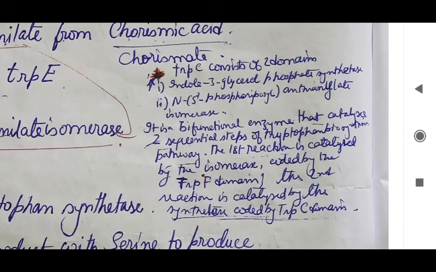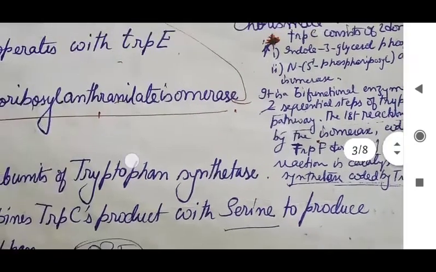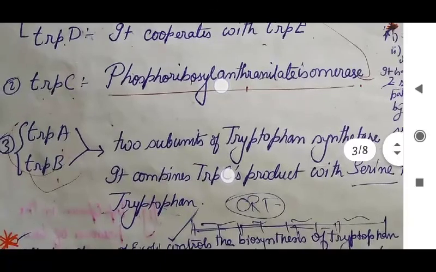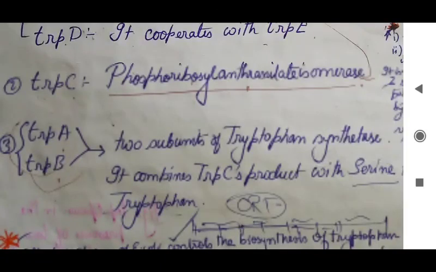The enzyme encoded by TRPC is a bifunctional enzyme. It catalyzes two reactions for tryptophan biosynthesis. The first reaction will be catalyzed by the isomerase domain, and the second reaction will be catalyzed by the synthetase domain.